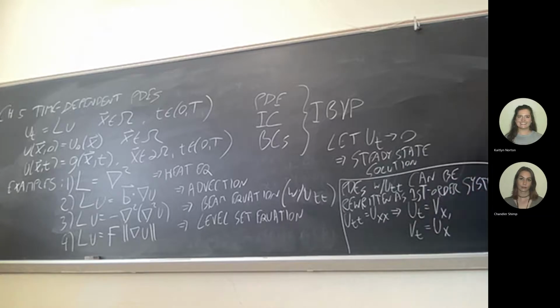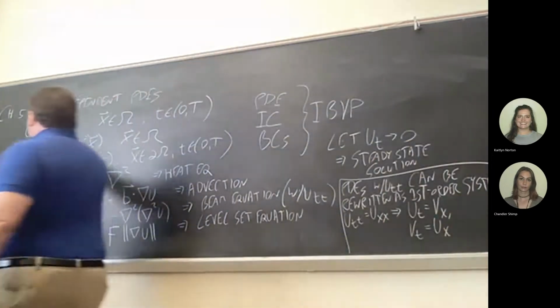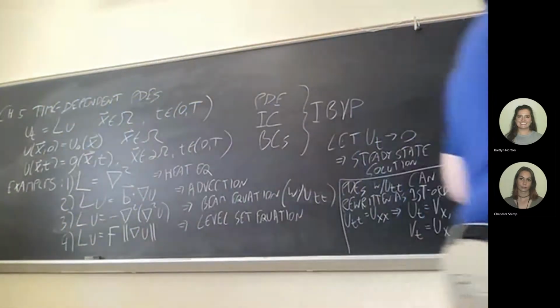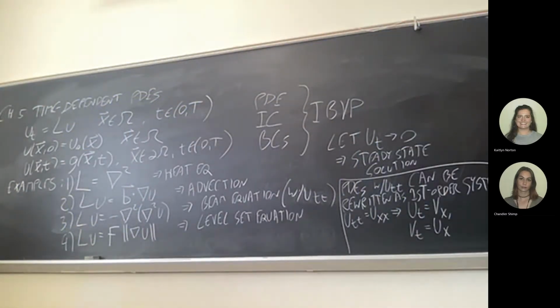For that reason, I'm just going to focus on problems of this form: first order time derivative is equal to some spatial differential operator, which also could be a system. So u could be a vector valued quantity.